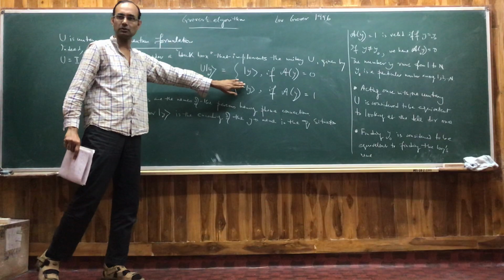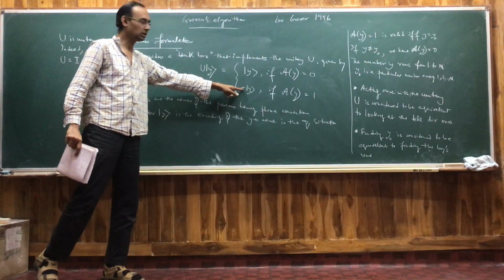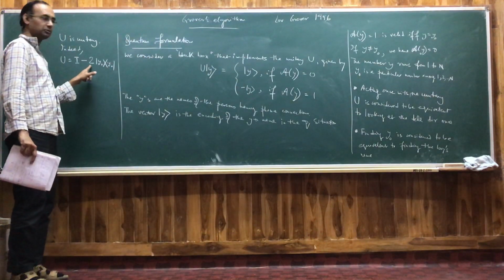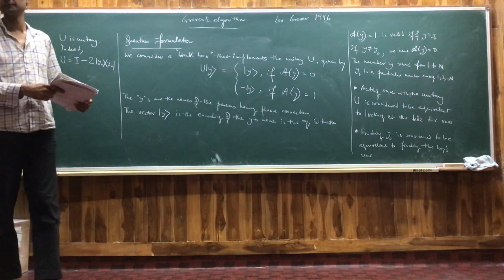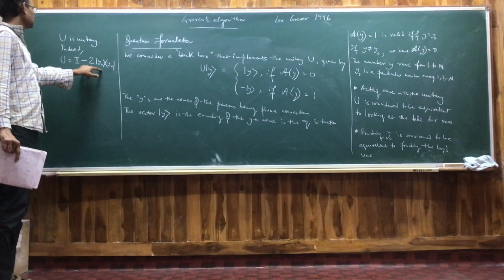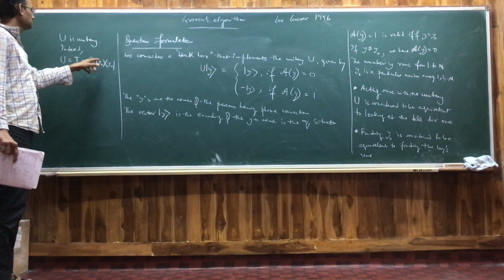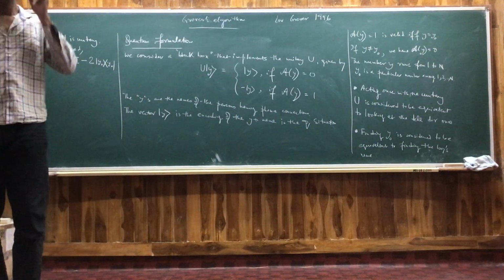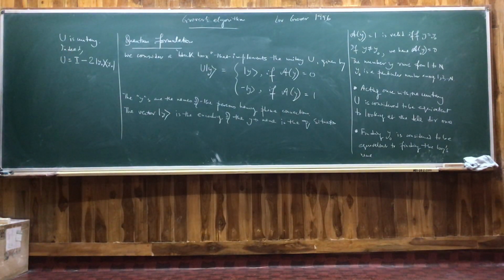Adding everything without the 0 is I. So because you want a minus sign on this side, you subtract twice. And in this formulation, it's easy to understand that it is a unitary operator. So our formulation is complete.